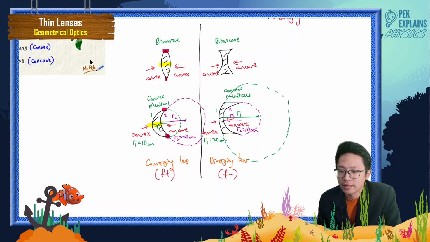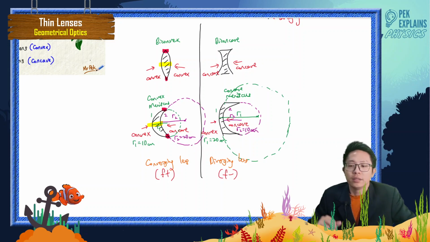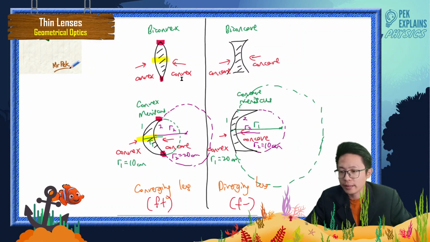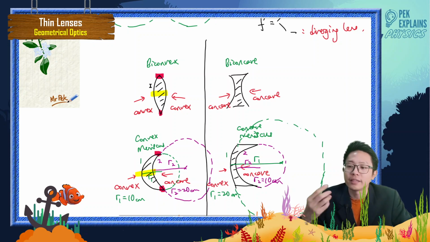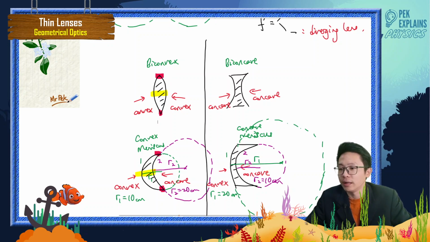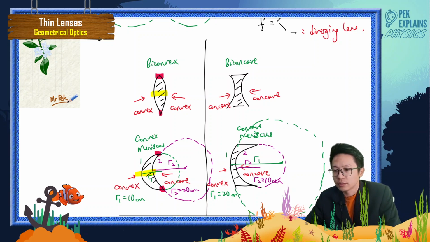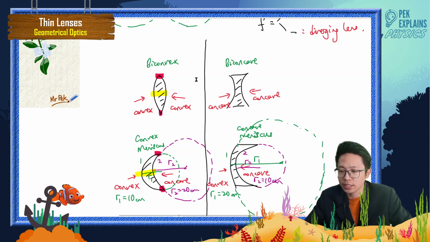You see that? If you look at biconvex and convex meniscus, the center is thicker compared to the side. So this one is okay.